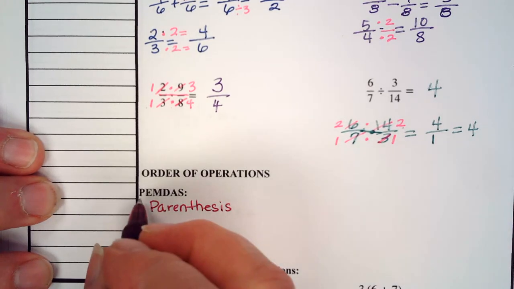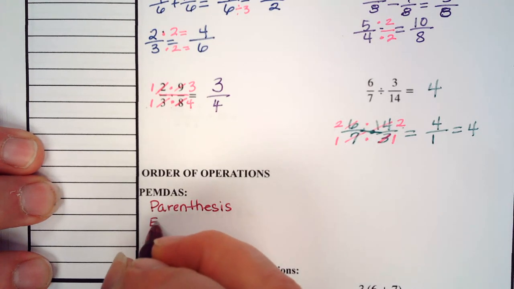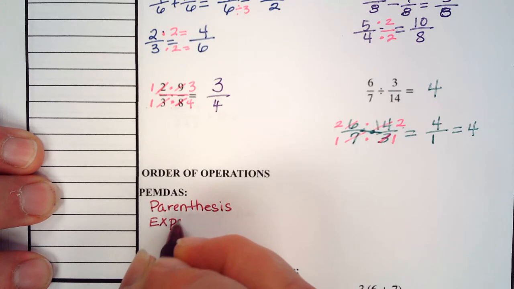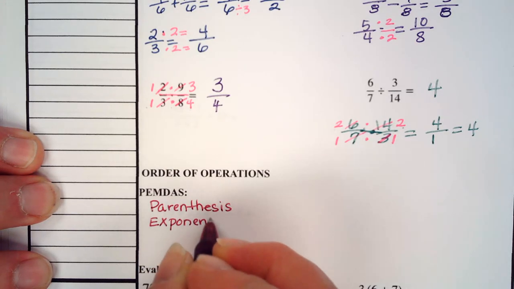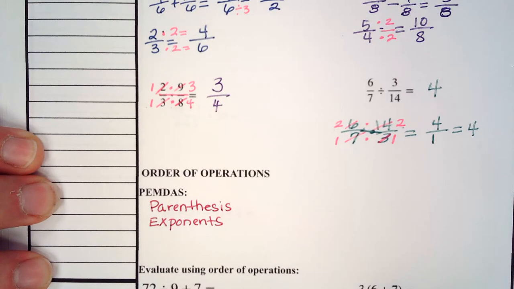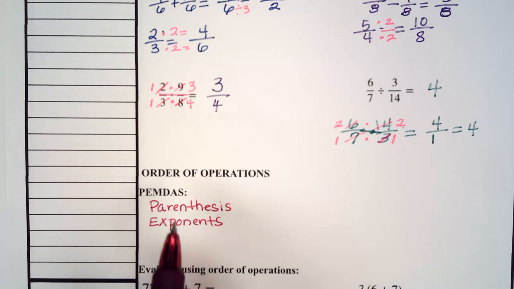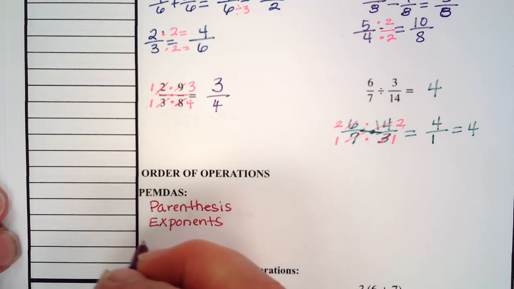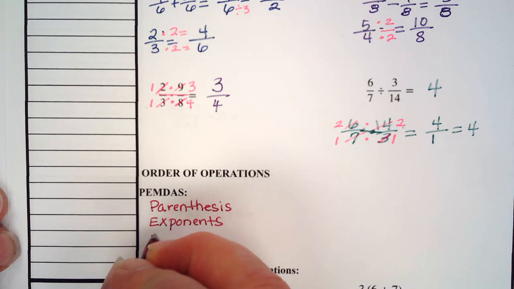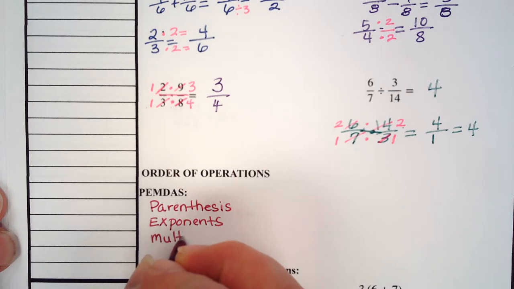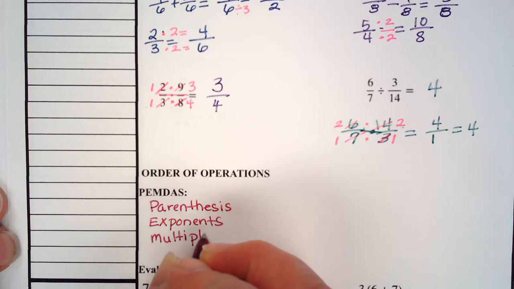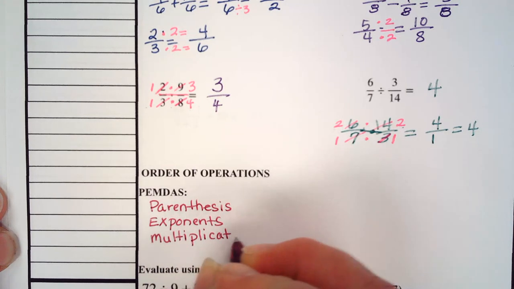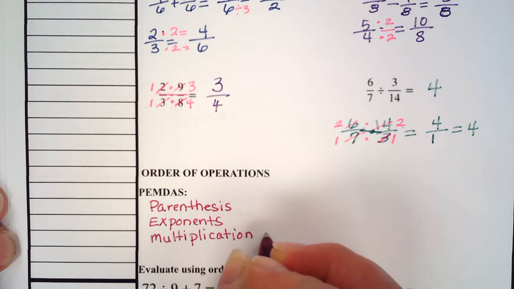Okay, next, the E stands for exponents. The MD stands for multiplication and division. Now, it doesn't matter.